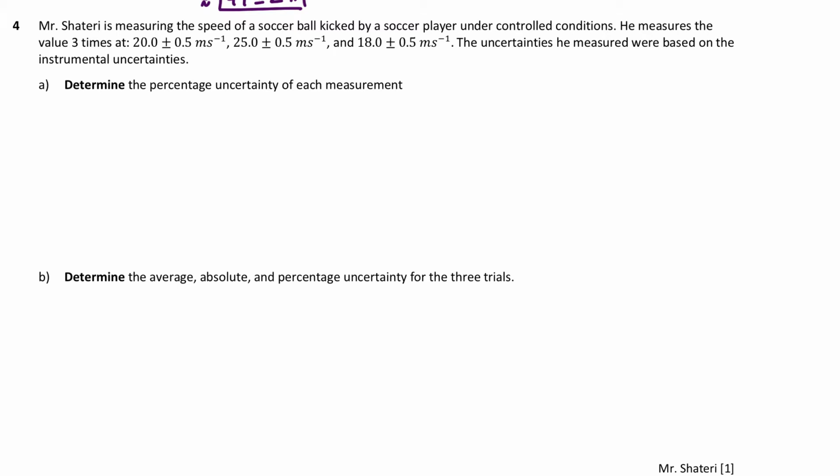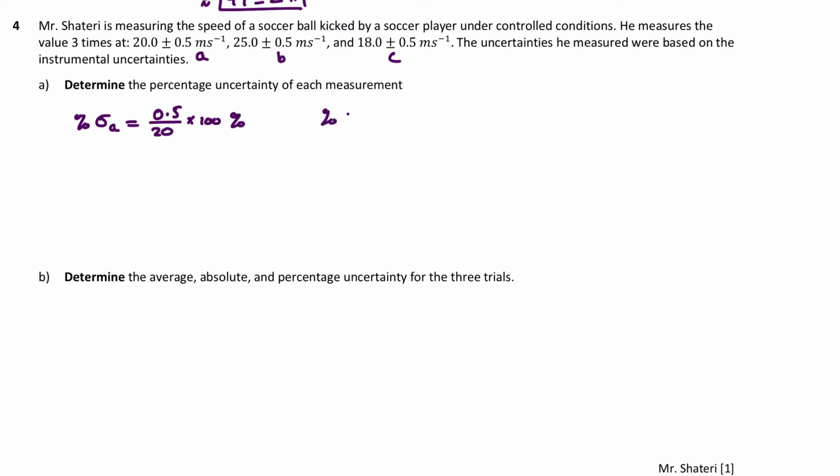To find the percentage uncertainty, let's call the first one A, the next one B, the next one C. So the percentage uncertainty of A is going to equal the uncertainty divided by 20 multiplied by 100%.